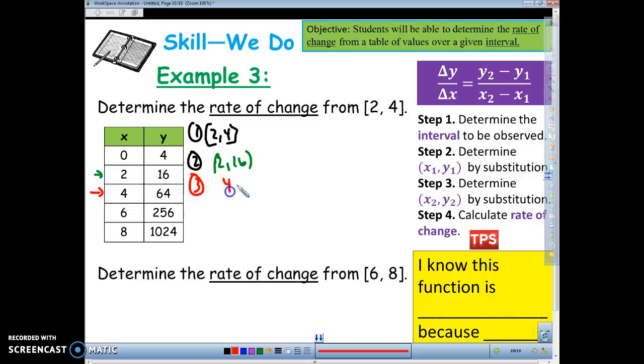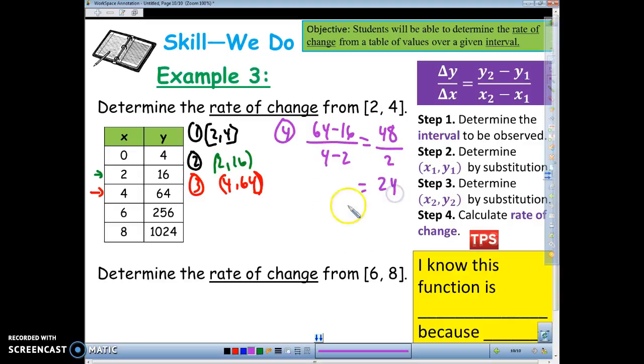It's (4, 64). And step 4, I just plug in and I calculate. y2 minus y1 over 4 minus 2. So 64 minus 16 is 48, over 4 minus 2, which is 2.